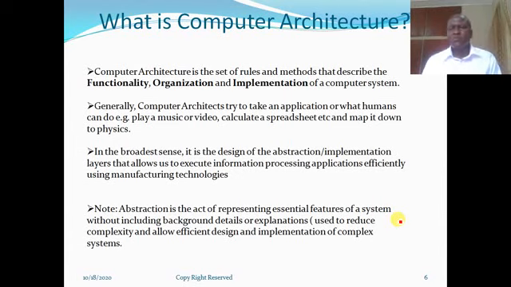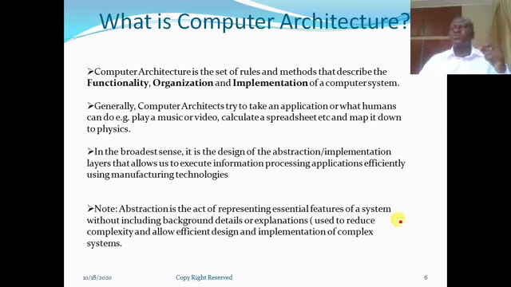Now, what computer architects try to do is translate what the humans want to do into what the physics can do.